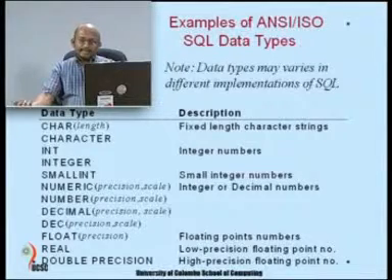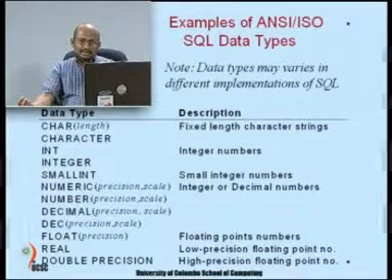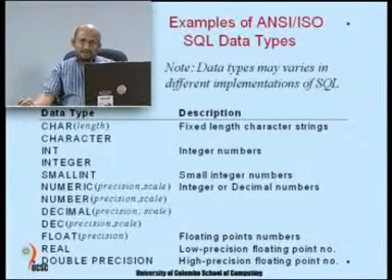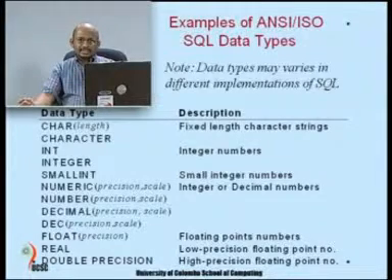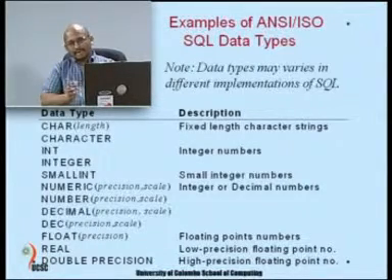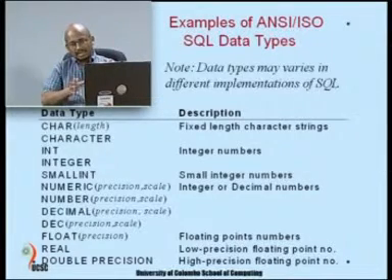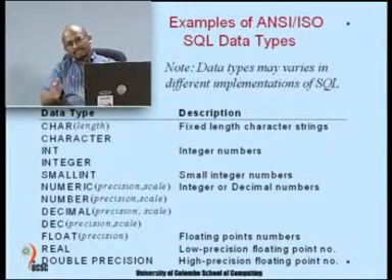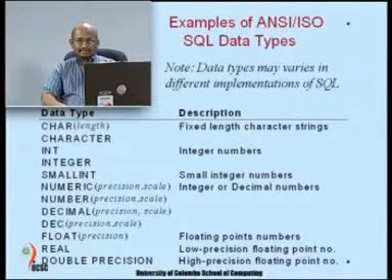Commonly used types are defined as basic data types. We have a type called char, or character, which defines a fixed length character. If you say char of 10, that means it will reserve 10 characters of space to store up to 10 characters. If you type a 5 letter word, then it will put 5 blank spaces and fill the 10 characters, because we have allocated a space of 10.